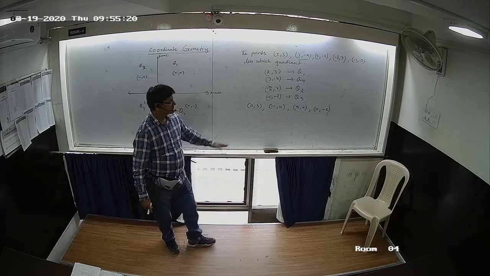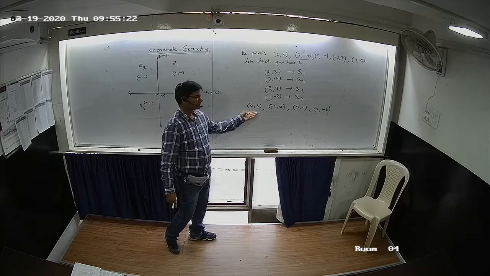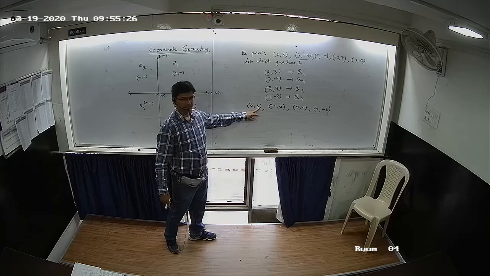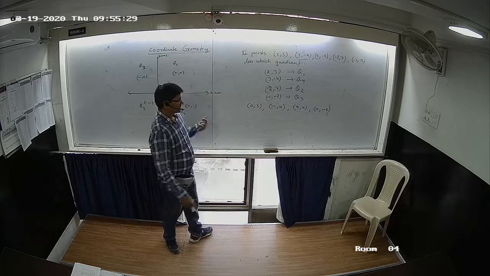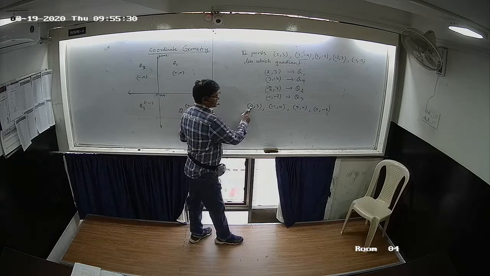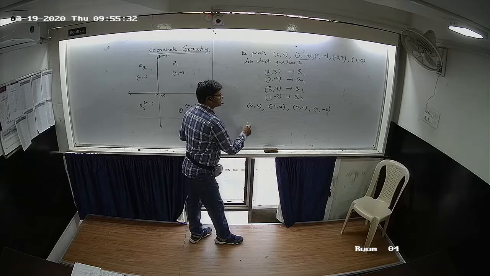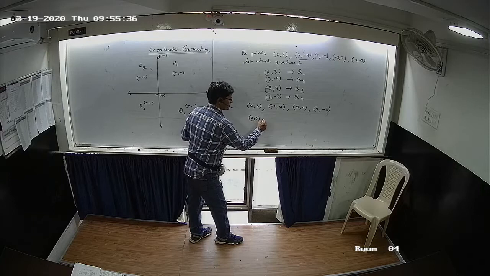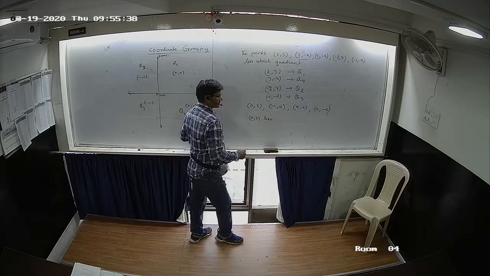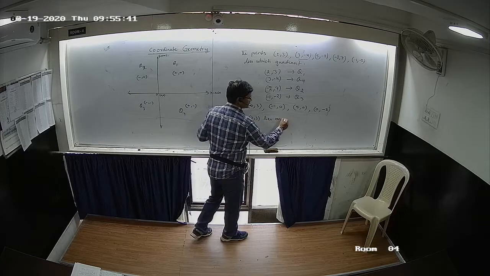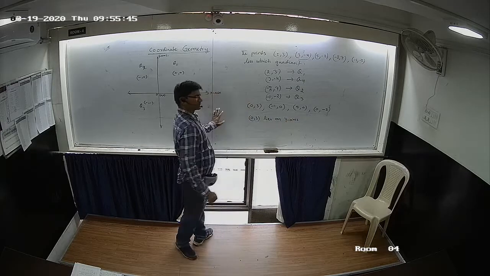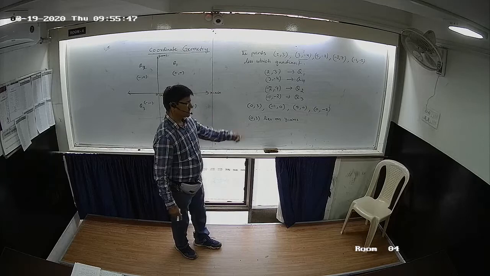If you see (0, 3), the x coordinate is 0 and the y coordinate is 3. Then it lies on the y-axis, on the y-axis at a distance of 3 units.